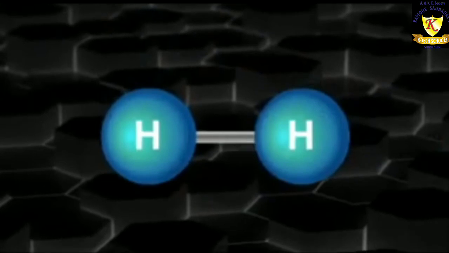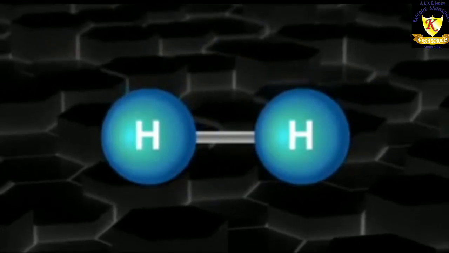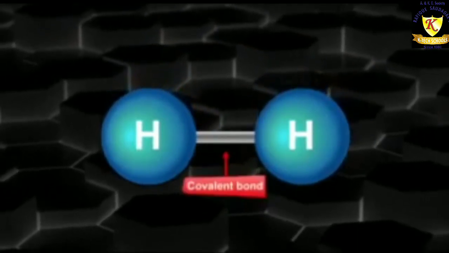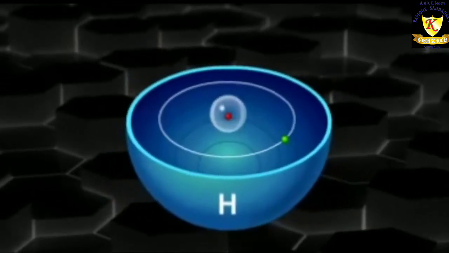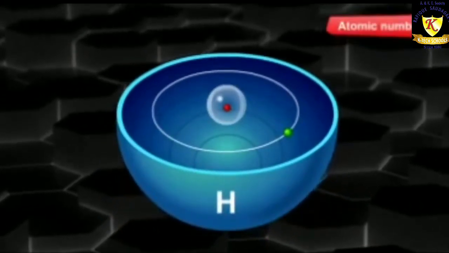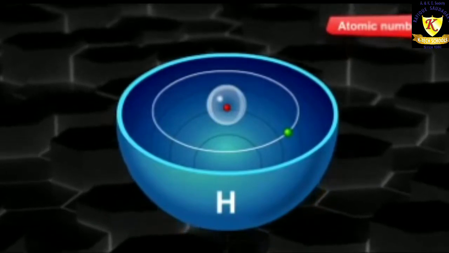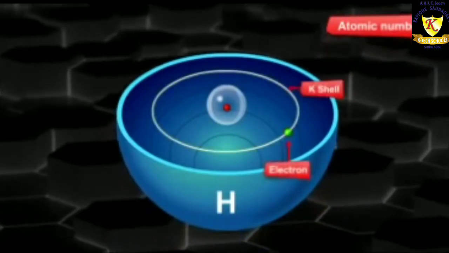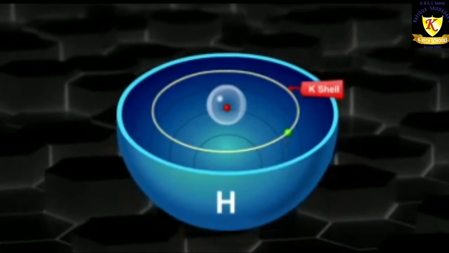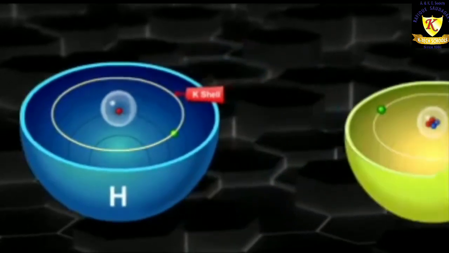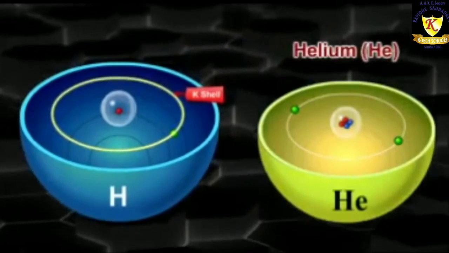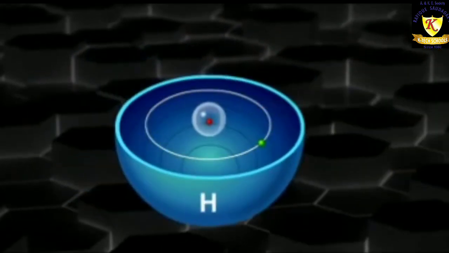Let us first look at the hydrogen molecule, which is the simplest example of a molecule formed by covalent bonding. You have already learned that the atomic number of hydrogen being 1, its atom contains 1 electron in the K shell. It requires 1 more electron to complete the K shell and attain the configuration of helium.